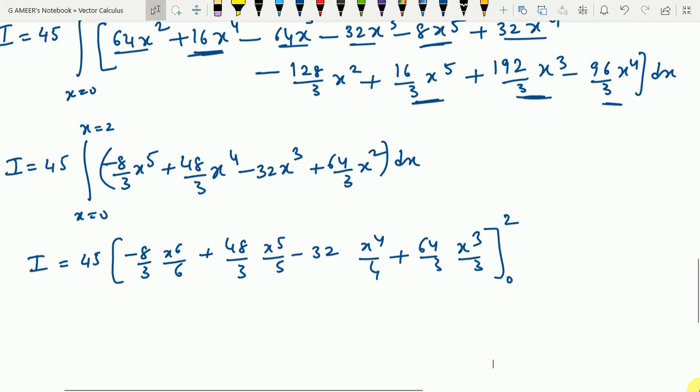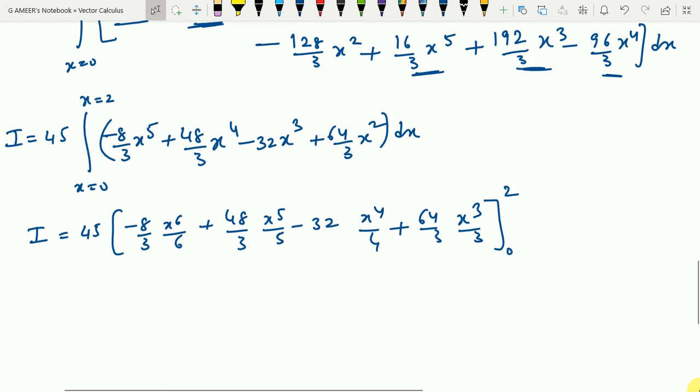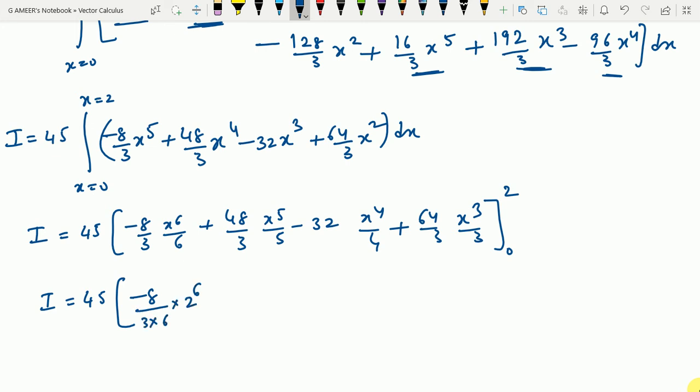When I substitute the upper limit, let us see what I'll get here. I will become 45 into, upper limit I'll substitute -8/3 into 6, upper limit will be 2 power 6 plus 48 divided by 3 into 5, upper limit is 2 power 5, minus 32/4 into upper limit is 2 power 4 plus 64/3 into 3, upper limit is 2 cube.